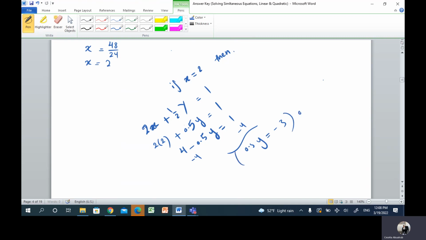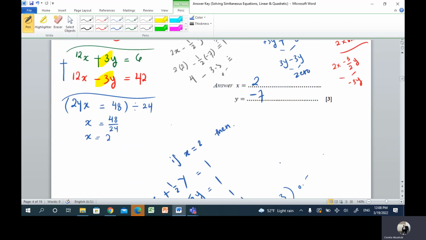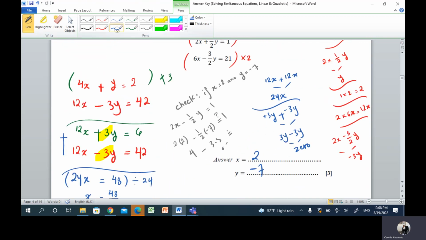Divide each side by 0.5. So y is equal to negative 3 divided by 0.5. The answer is negative 6. So y is equal to negative 6.